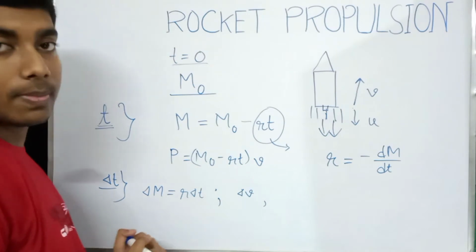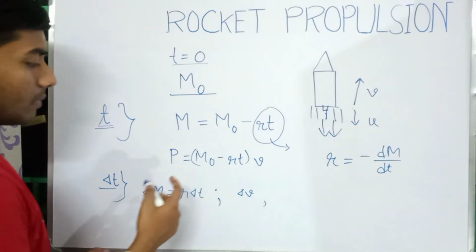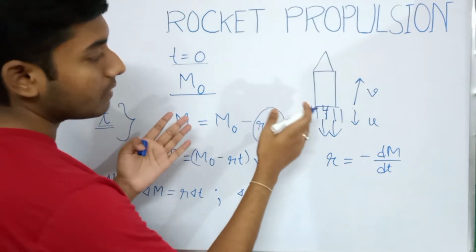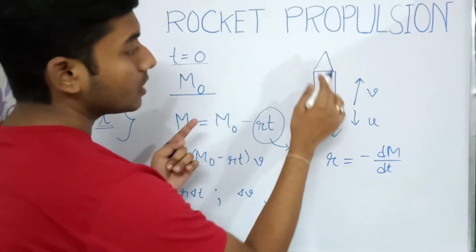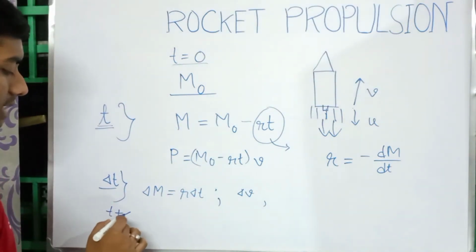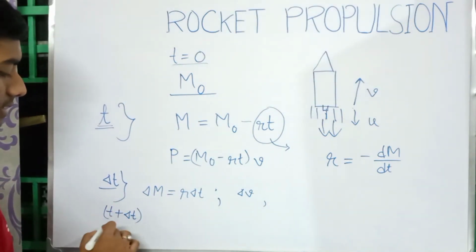Now what will be the linear momentum of the total system at time t plus del t?